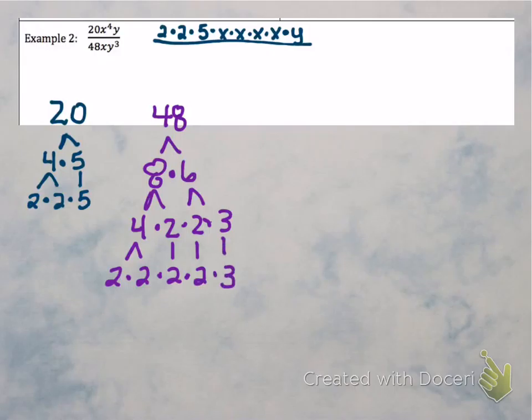And so my coefficient of 48 is 4 factors of 2 and a factor of 3. So I'll put that in the denominator: 4 factors of 2 and a factor of 3. And then along with that 48, I have 1 factor of x and 3 factors of y.